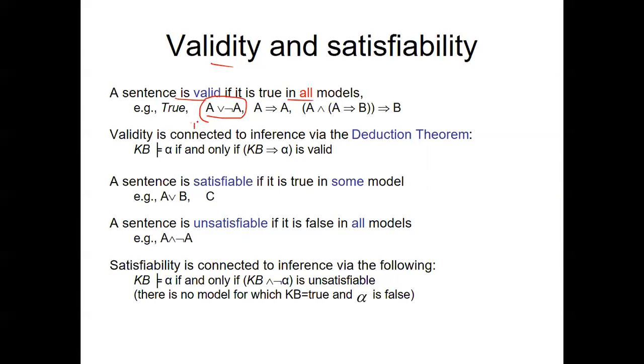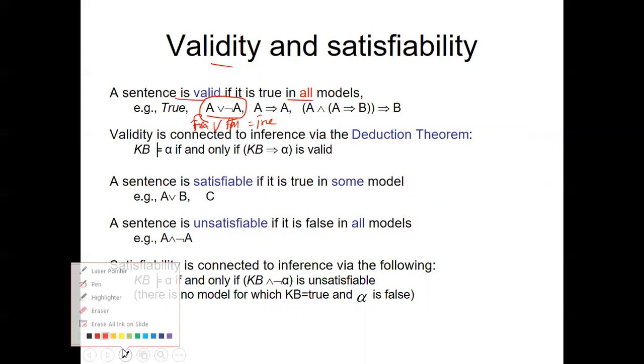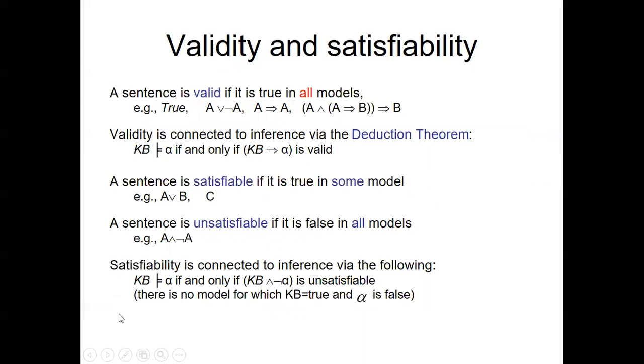If A is true, then not A will be false, but true or false is true. If A is false, then not A will be true, and false or true is also true. This is an example, but basically your understanding should be like this: if a sentence is true in all the models, then we say it is a valid sentence.